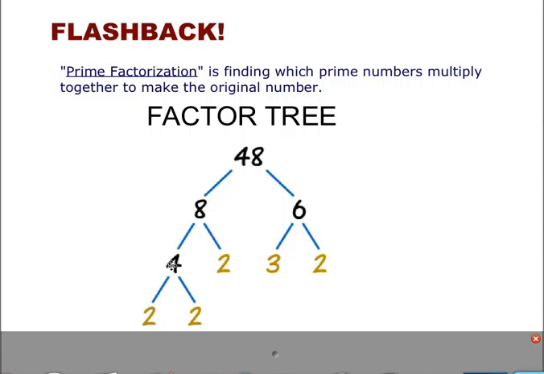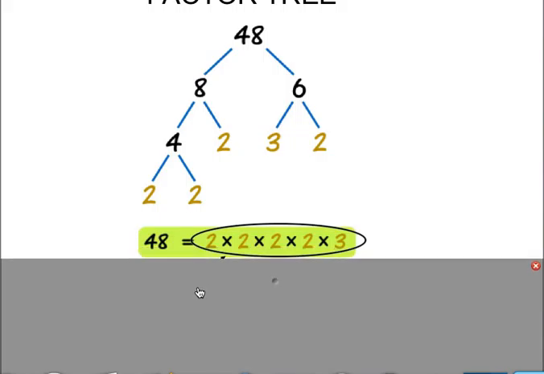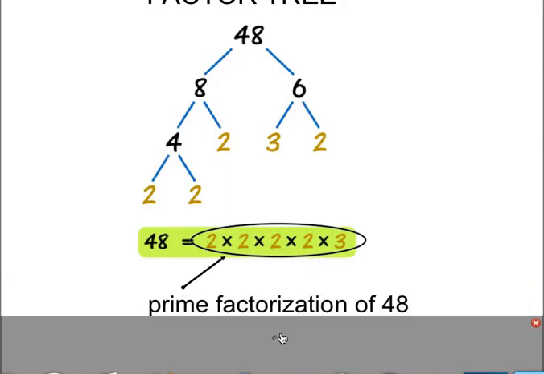We move on. 4 breaks up into 2 times 2. And so at the bottom of our factor tree of 48, you have 2 times 2 times 2 times 2 times 3. And in that circle is your prime factorization of 48.